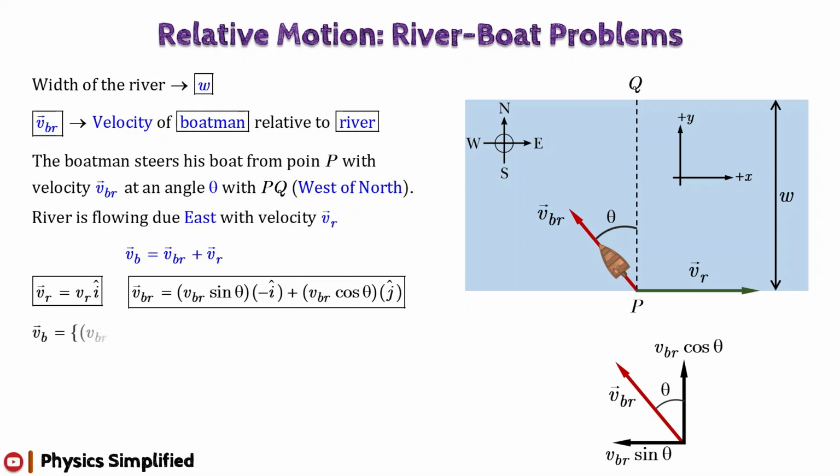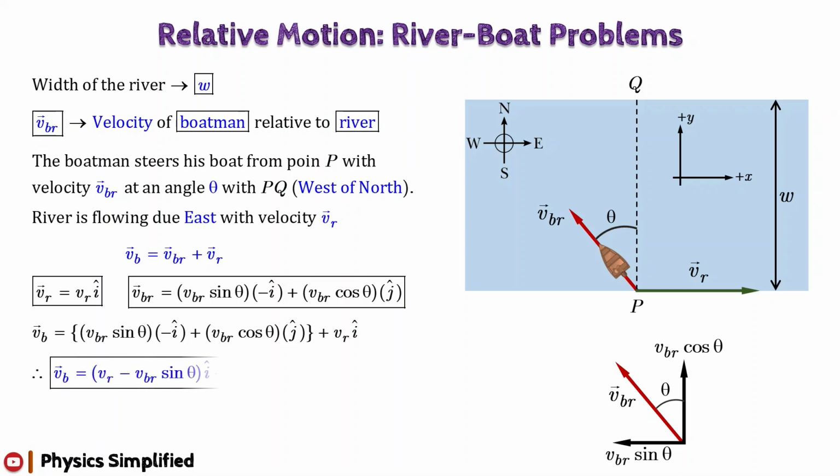Substituting these expressions in the previous equation and simplifying, we get the absolute velocity of the boatman as vector v suffix b is equal to v suffix r minus v suffix br sin theta i hat plus v suffix br cos theta j hat.